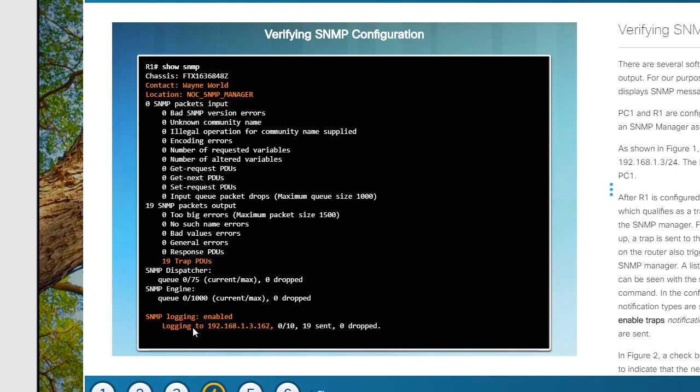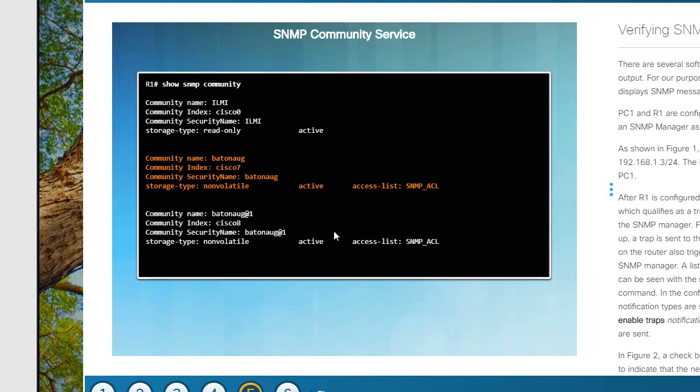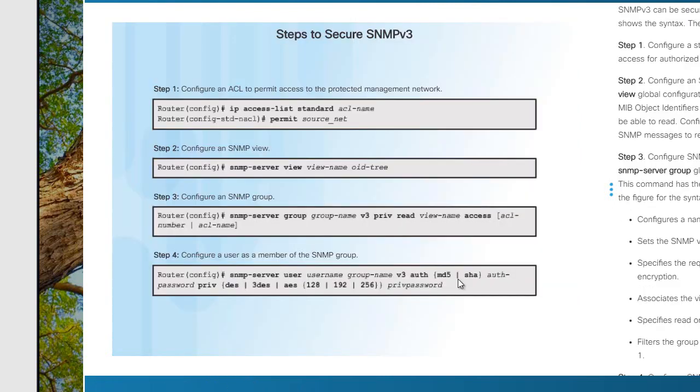Your SNMP logging is enabled, the IP address there, your port. We got show SNMP community, so your community name, community security name, the access list that you've set up. So all of those are to verify your SNMP configuration.